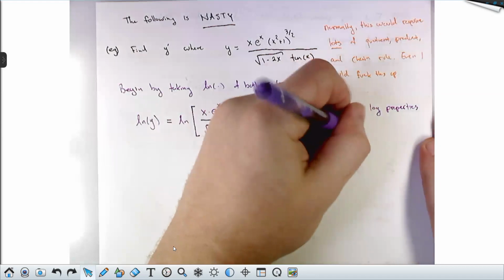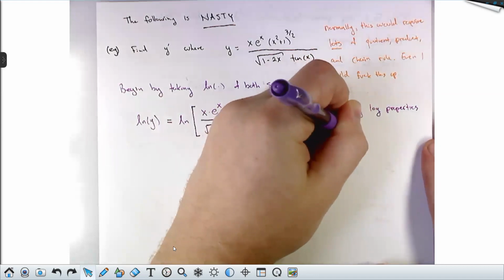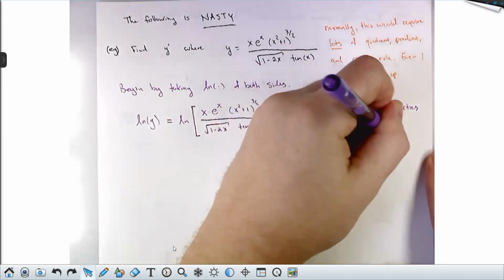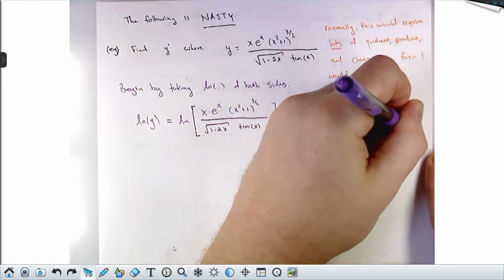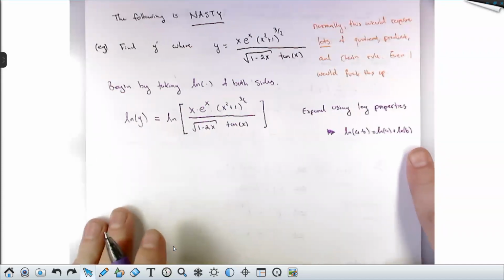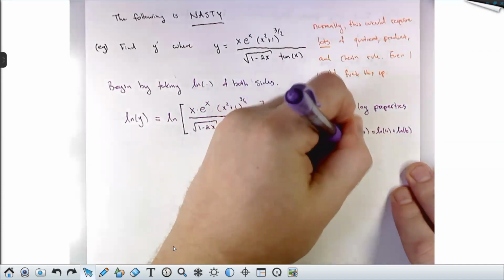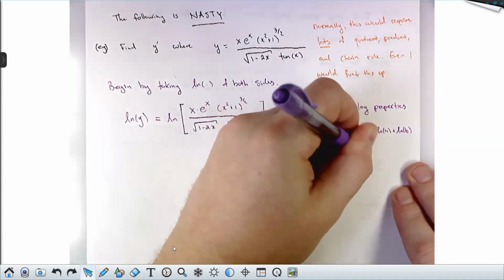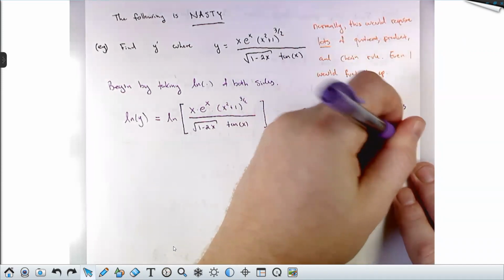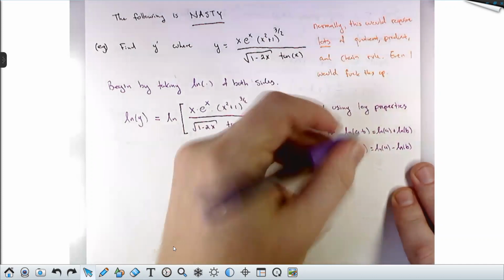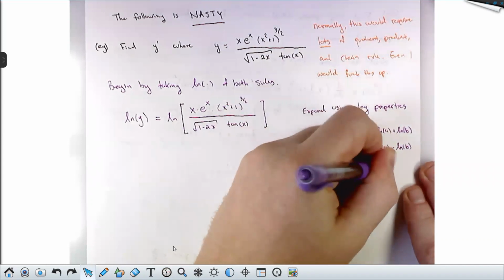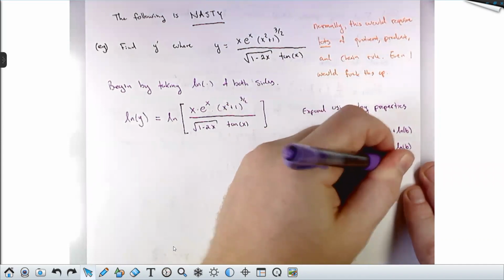What are those log properties? Well, just in case you forget, I'll write it for the ln. The ln of a product is the ln of the first thing plus the ln of the second thing. The ln of a quotient is the ln of the top minus the ln of the bottom. And the ln of a power is that power times the ln of the base.